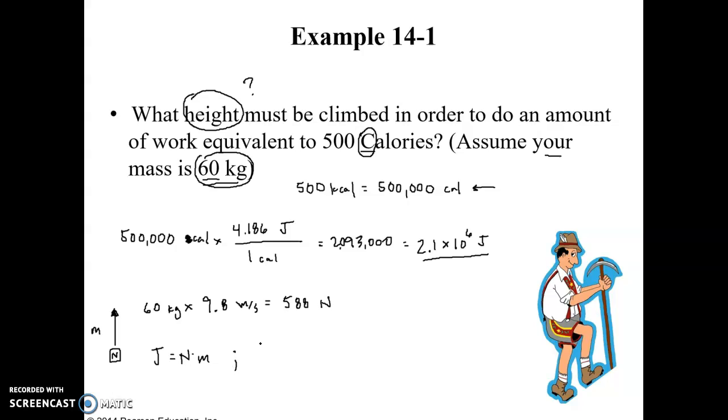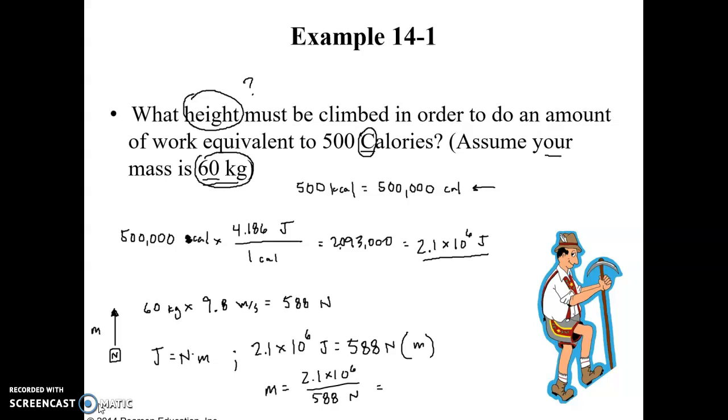What is the height? So essentially what we're saying is joules equals newton meters. So 2.1 times 10 to the 6th joules equals 588 newtons times how many meters? And so the meters will equal 2.1 times 10 to the 6th divided by 588 newtons.